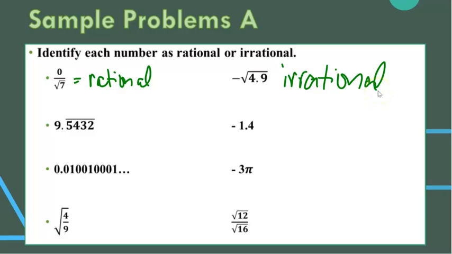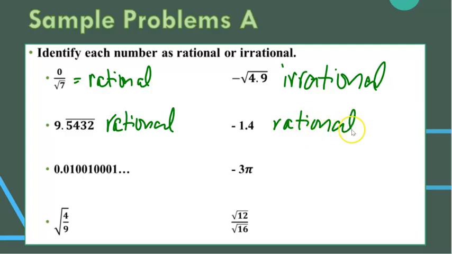Next, I have 9.5432 with the 5432 being repeated, so this is rational. Next, negative 1.4, since that's a terminating decimal, this is rational.